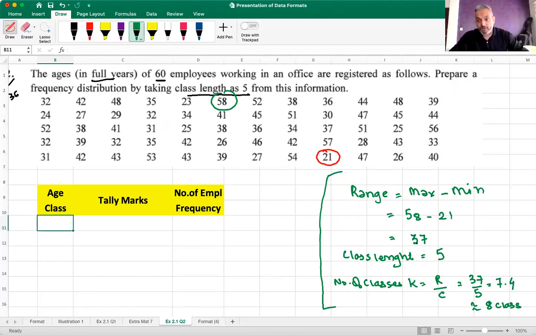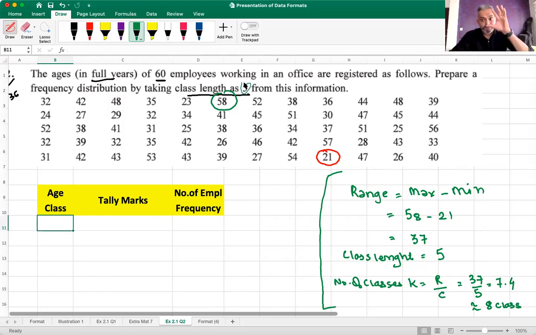So range is 37. यानी पूरा जो range है, minimum और maximum का वो है 37. उसके बाद class length given in the question as you have to take it as 5. Number of classes kitna? So range divided by class length, which is 37 divided by 5. You can do it on the calculator.